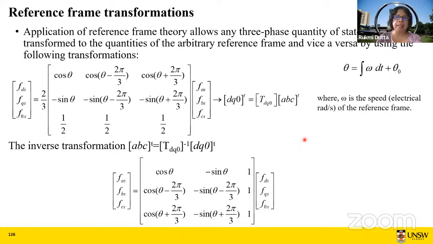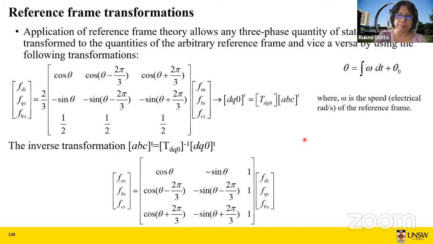In fact, when this concept of reference frame theory was first invented, it was invented as a stationary reference frame, and it was developed separately. So that's known as the Clarke transformation.